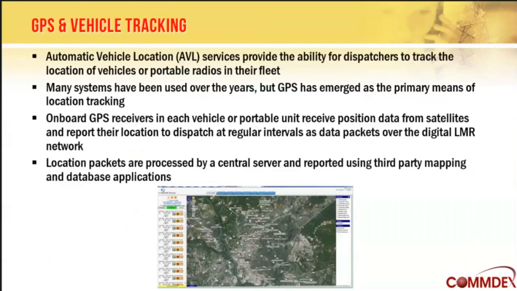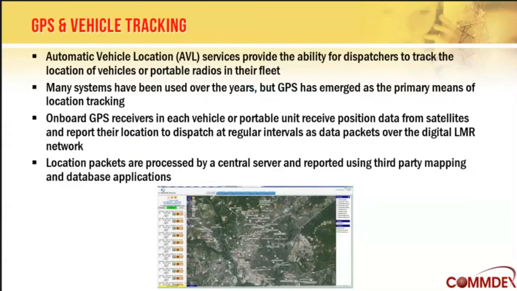But when GPS came along, that pretty much took over as the main way that we locate people. So the automatic vehicle location is an application that allows subscribers equipped with GPS receivers to get their locations, track them on a map, and provide fleet management over a wide area.